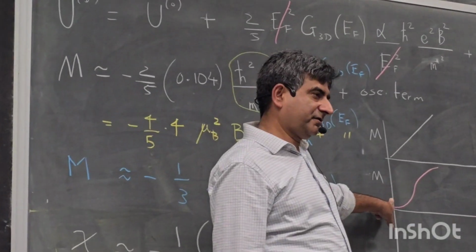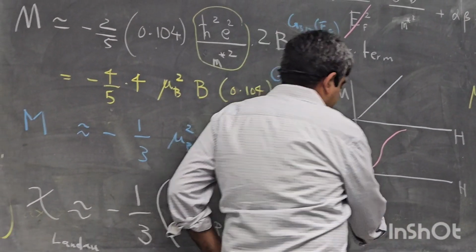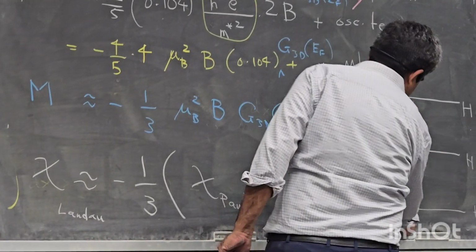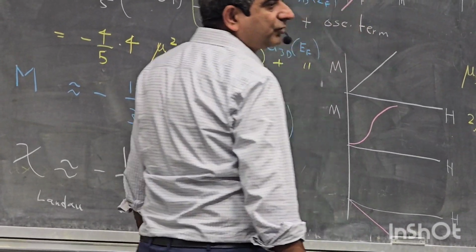This is a ferrimagnet or a ferromagnet. Antiferromagnets have no magnetization. And if you get a negative chi, it's called diamagnetism.